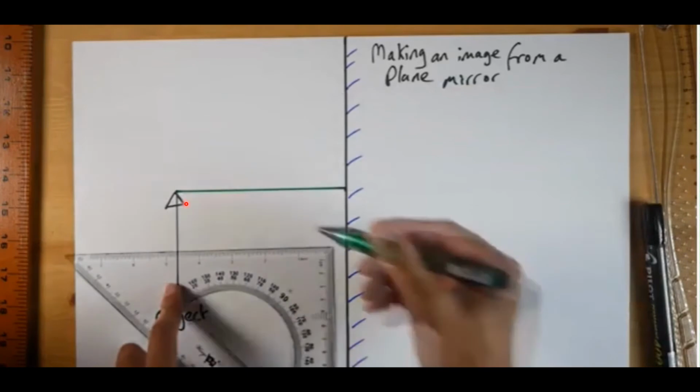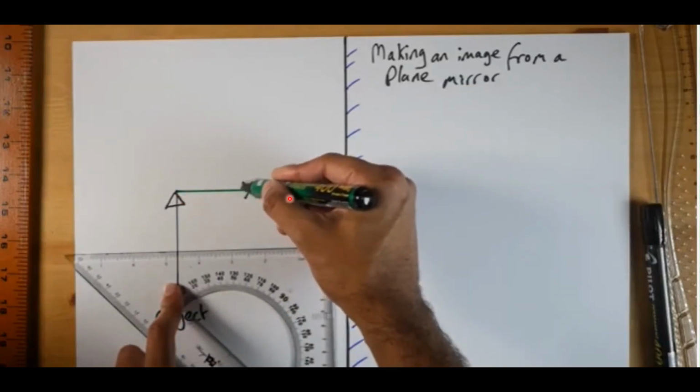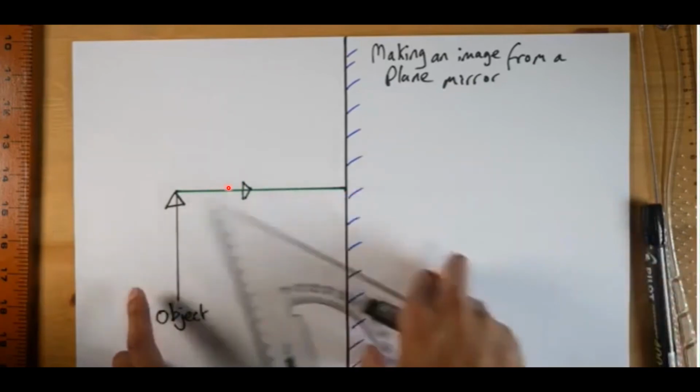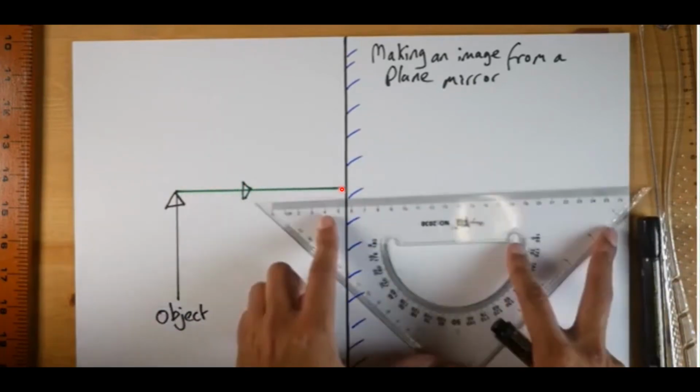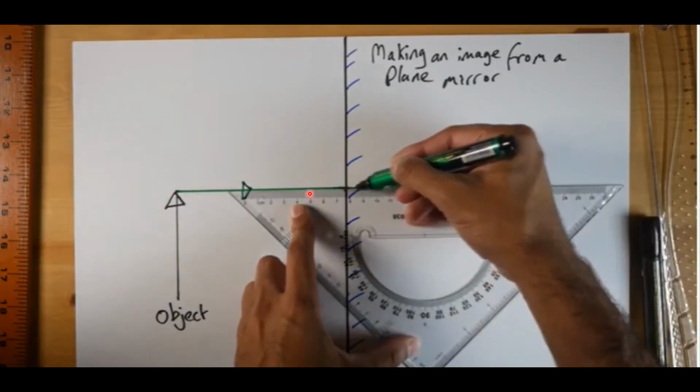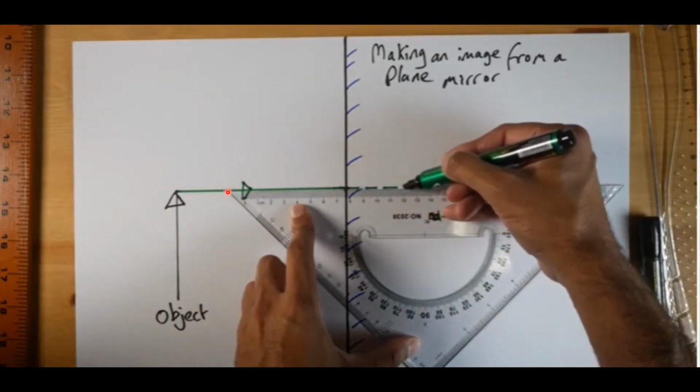Here, the first incident ray to the plane mirror has been drawn. It is perpendicular to the plane mirror, so the angle of incidence is 90 degrees. Therefore the angle of reflection is also 90 degrees.